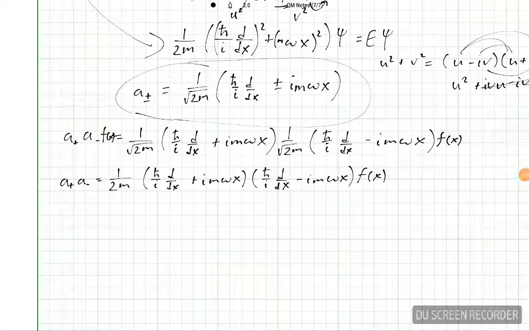I'm going to go ahead and act out this operator acting upon that function.